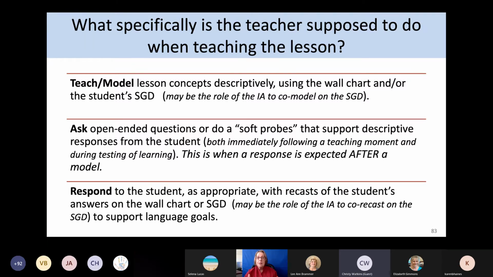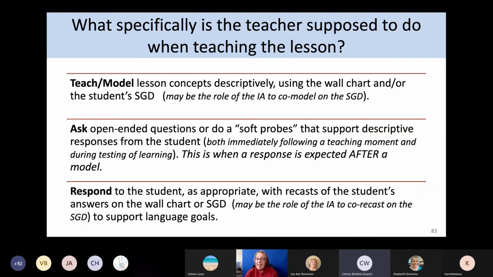And then once the kid gives you a response, I want that teacher or the paraprofessional sometimes will do it to respond to the student with what I train people to do, which is recast. And a recast is a term that we as speech pathologists know, where we take something that the kid had said and we maybe add something to it. We maybe correct it.